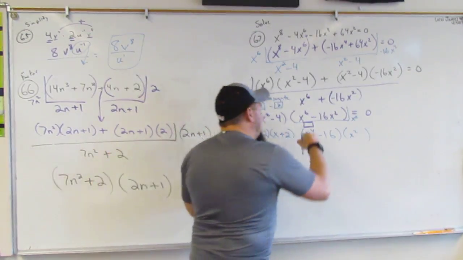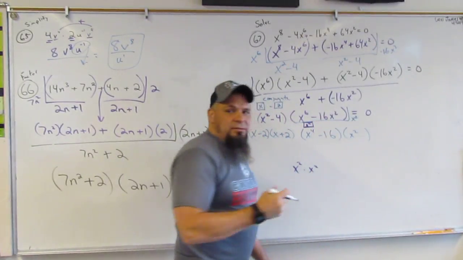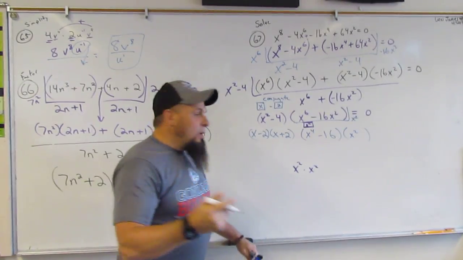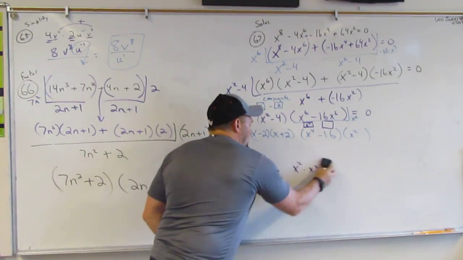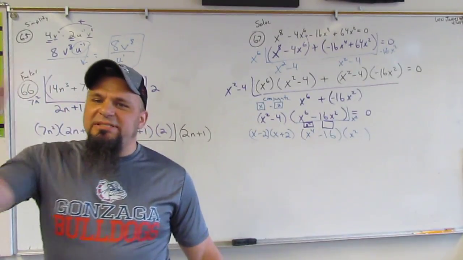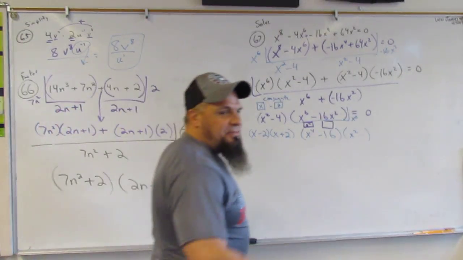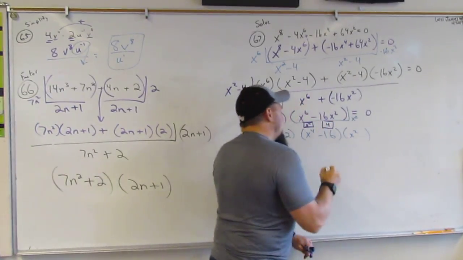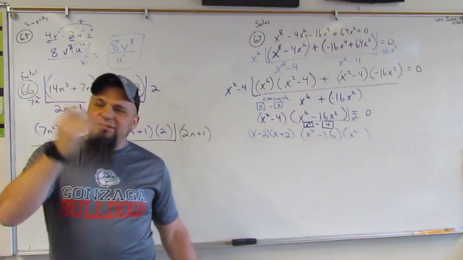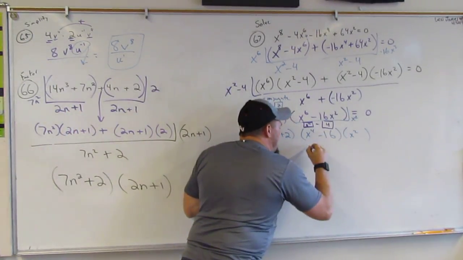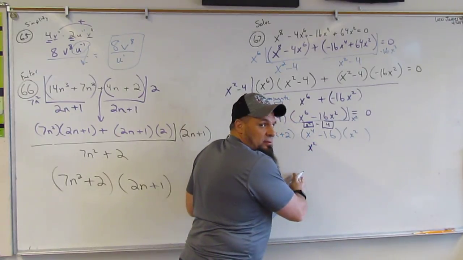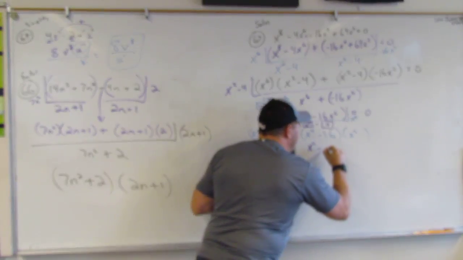So it's a perfect square of x squared. And then what's the square of 16? What multiplies to be 16? 4 times 4, right? And it's a difference of two squares, right? So we got x squared minus 4, right?